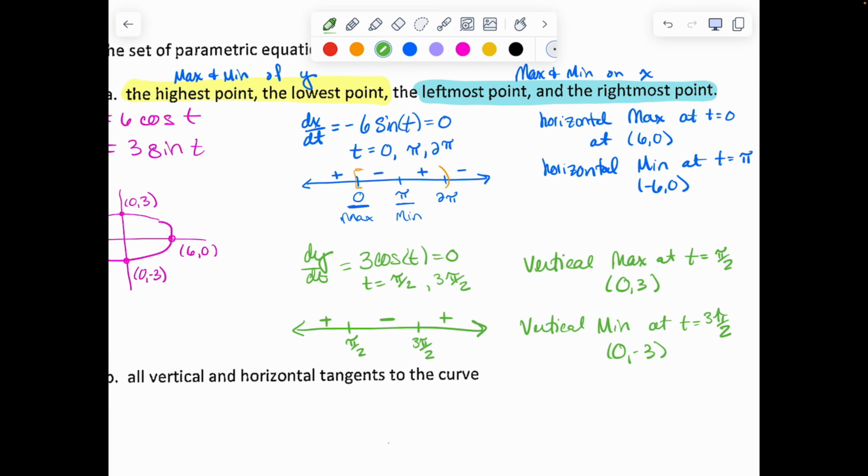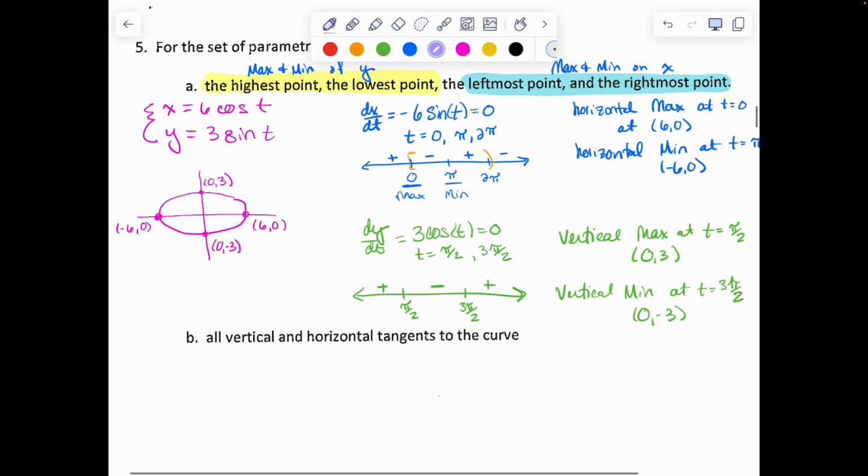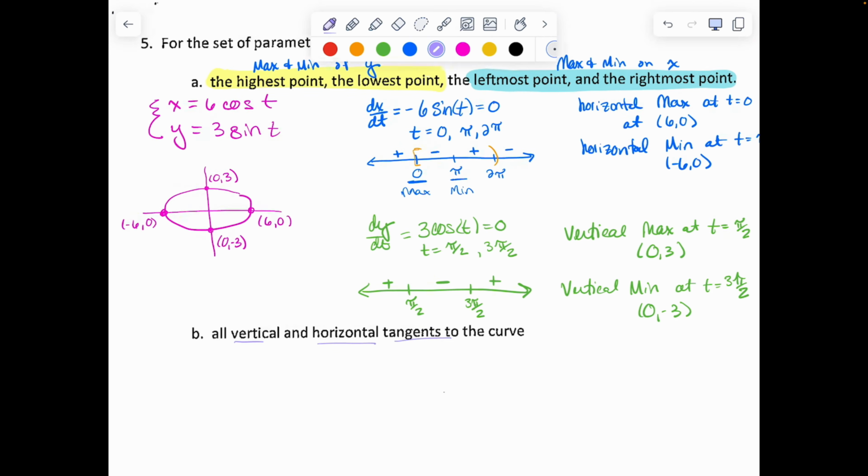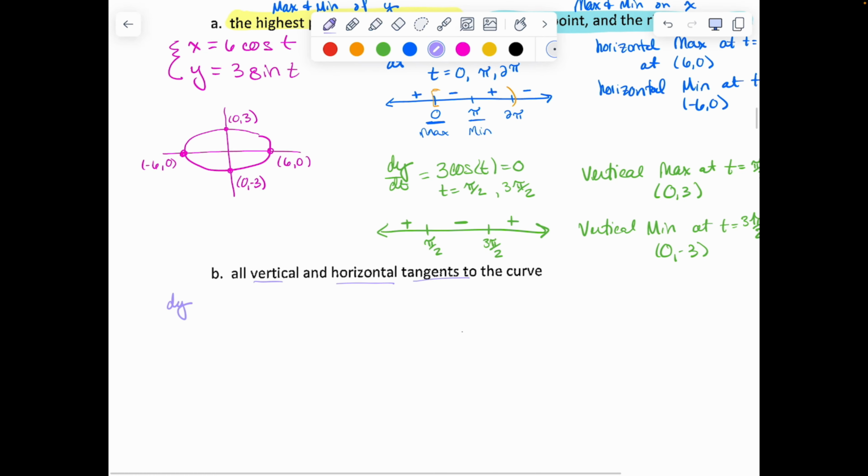Okay, so let's talk about tangents to the curve. All the vertical and horizontal tangents to the curve. Vertical tangents happen when the slope of the line is undefined. So dy dx equals the slope of the tangent to the curve.